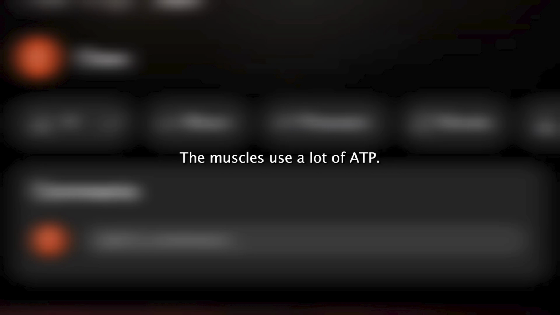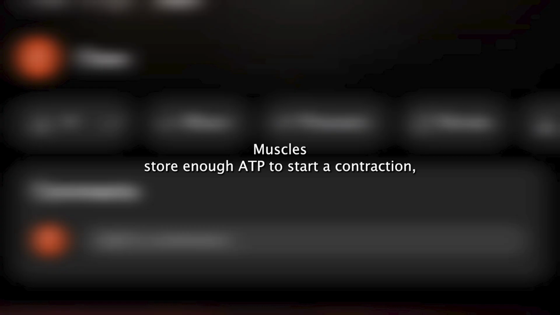That's so crazy. Let's talk about ATP. It's adenosine triphosphate. It's the only energy source used directly for muscle contraction, and contracting muscles use a lot of ATP. Muscles store enough ATP to start a contraction, but more ATP must be generated to sustain a contraction. At rest, skeletal muscle fibers produce more ATP than needed.